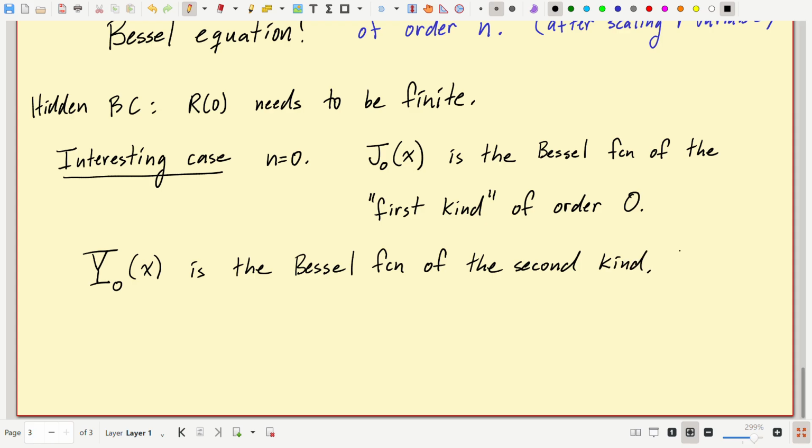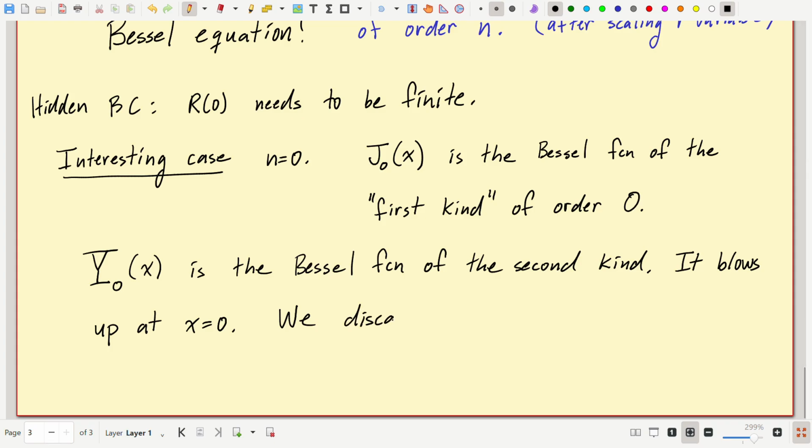And it is not bounded. It blows up. So we can toss that solution. It blows up at x equals 0. We discard it. So C1, we discard that solution.